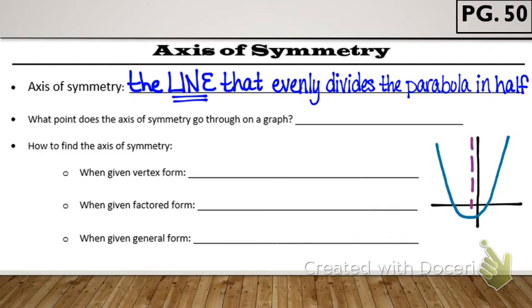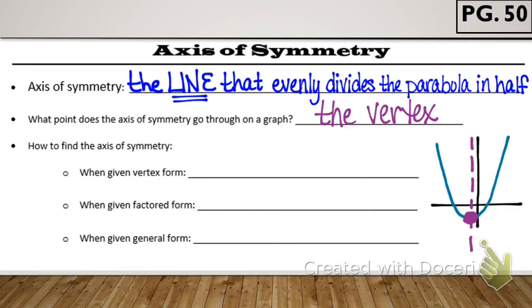So like this. And I need to know the whole dotted line, which means we need an equation here. It's always going to go through either the maximum or minimum, the vertex. So if I know where the vertex is, I know where that line goes.